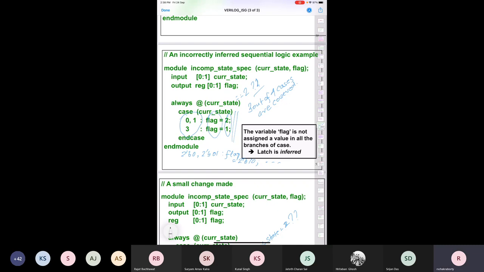Okay, so this is the problem of latch inference. Logic inference is basically the mechanism of the compiler tool inferring what the hardware should be from the way the code has been written. And Verilog HDL follows exactly the same principle as any other programming language. Garbage in, garbage out.